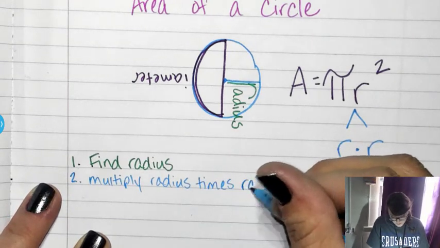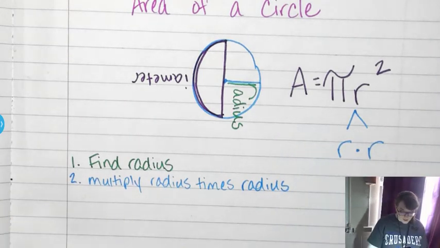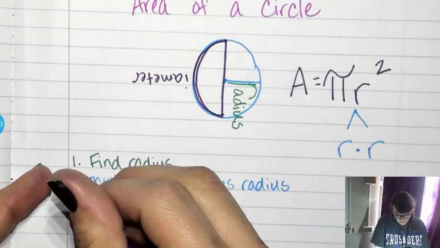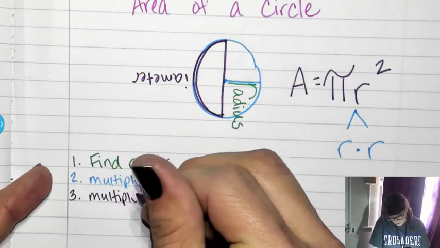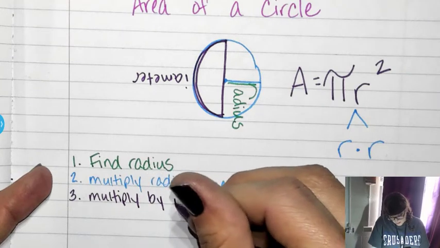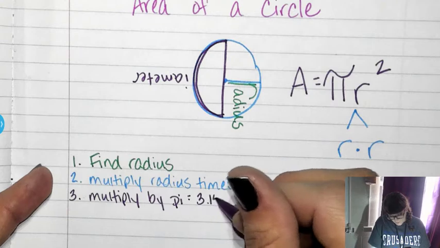And then step 3, multiply by pi. And pi is how much? 3.14.